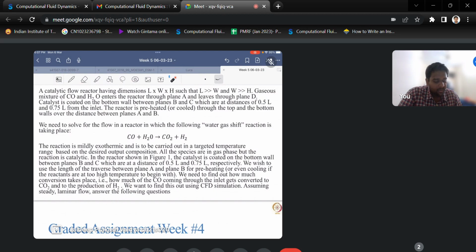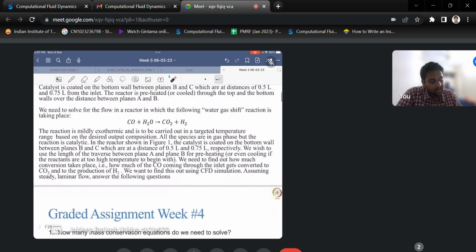We need to solve for the flow in a reactor in which the following water gas shift reaction is taking place, where CO combines with H2O to form CO2 and H2. The reaction is mildly exothermic and has to be carried out in a targeted temperature range to get the desired output composition. All the species are in gas phase, but the reaction is catalytic.